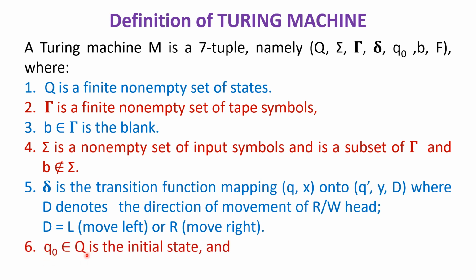Q0 belongs to Q and is the initial state, and F, a subset of Q, is the set of final states.